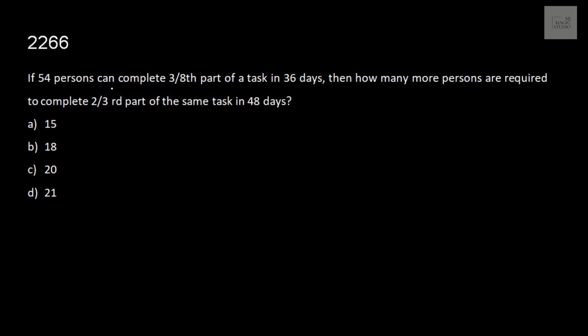If 54 persons can complete 3/8 part of the task in 36 days, then how many more persons are required to complete 2/3 of the same task in 48 days? We know the drill, how these three variables M, W, D are connected as far as time and work is concerned.